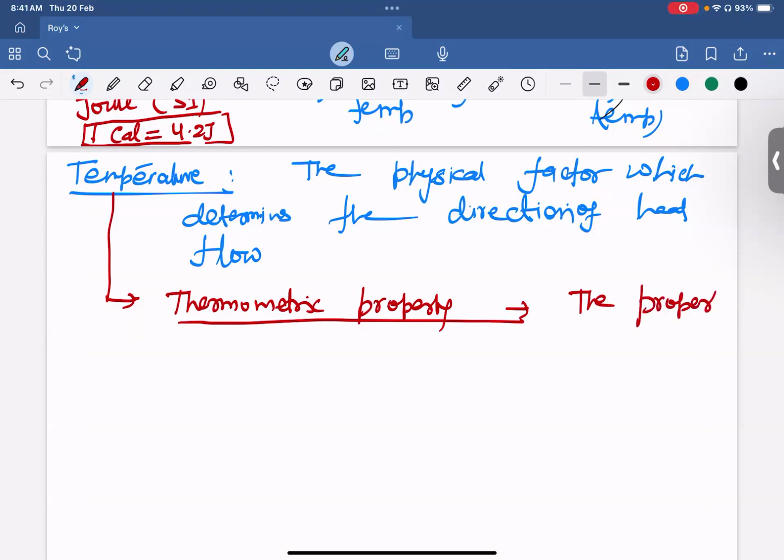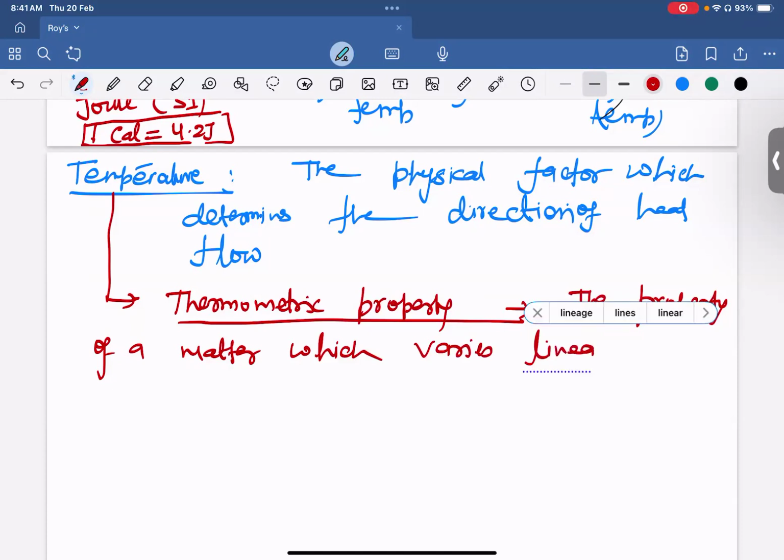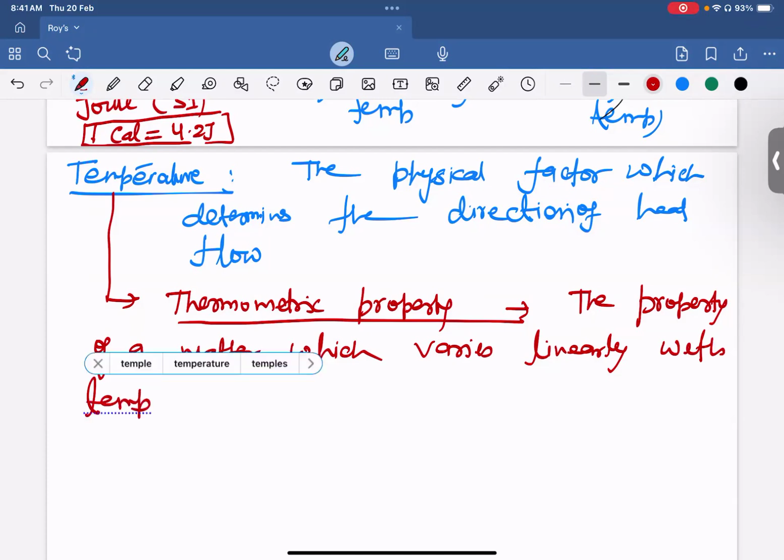The property of a matter which varies linearly with temperature, that we call the thermometric property. So a thermometric property is basically that type of property which varies linearly with temperature.